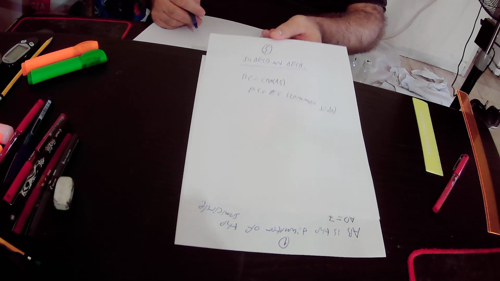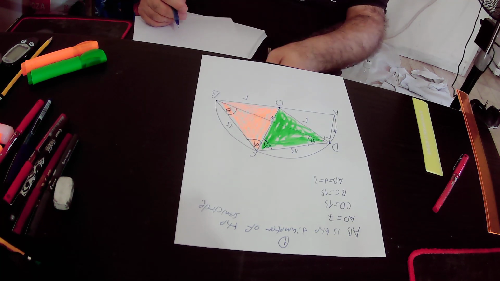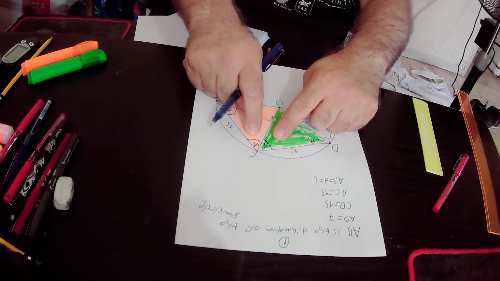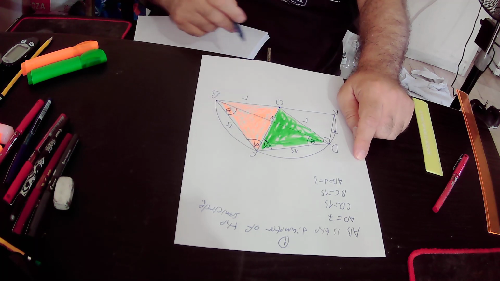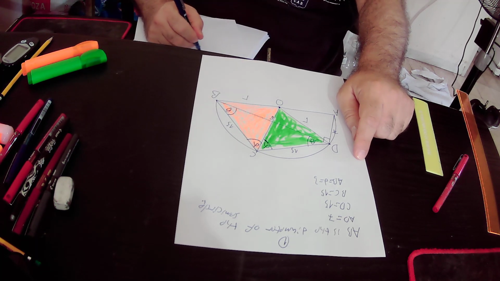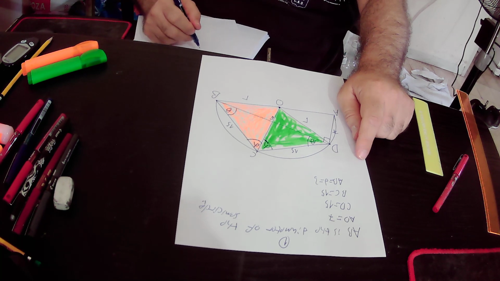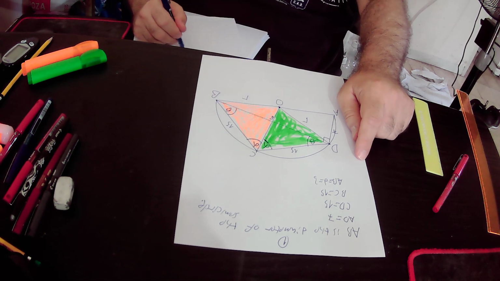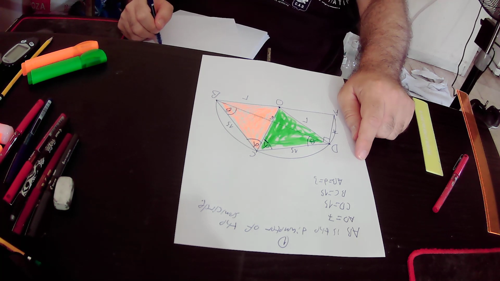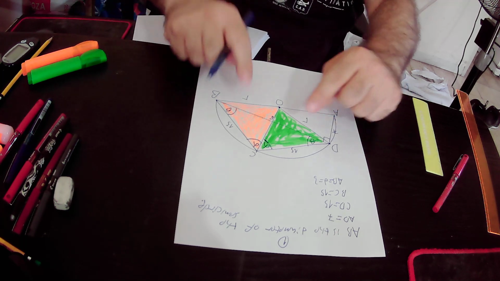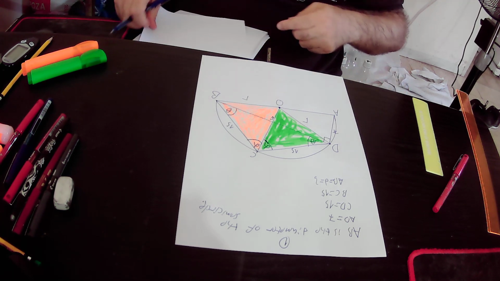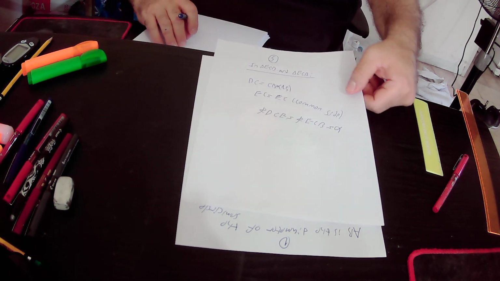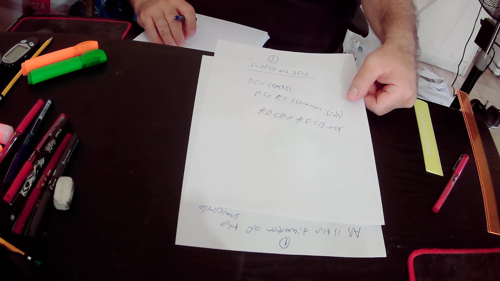It is a common side. And also we know that those two angles are equal to each other. Angle DCE is equal to angle ECB. Both those two angles are equal to alpha.